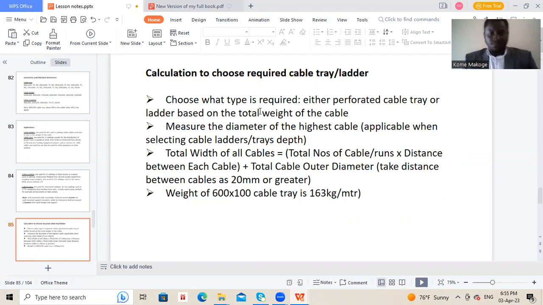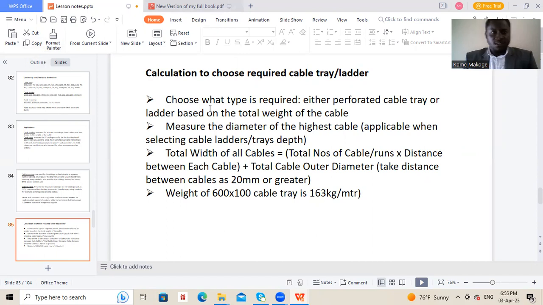The first point, the reason why this is really necessary to choose the required size of cable ladder or cable tray is to enable the different cables that should be laid on that cable tray or the cable ladder to have sufficient spacing between them, and then also to make sure that we have a 20% space factor on the cable tray, and then we also have 20 spacing between cables to the next cable.